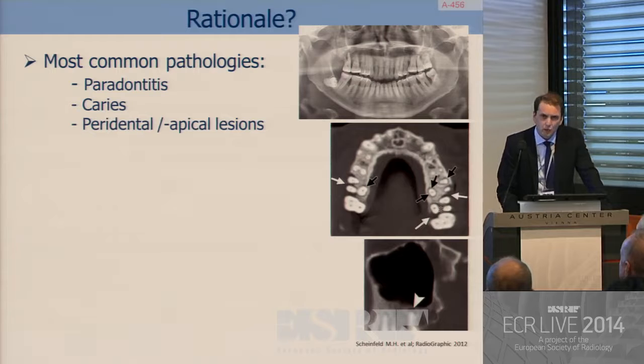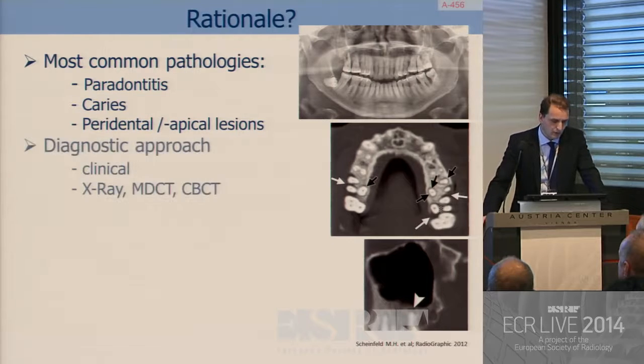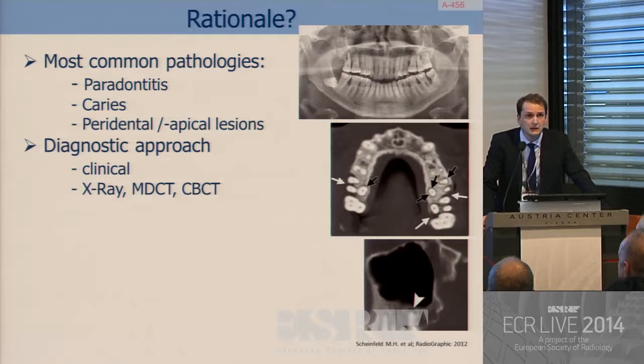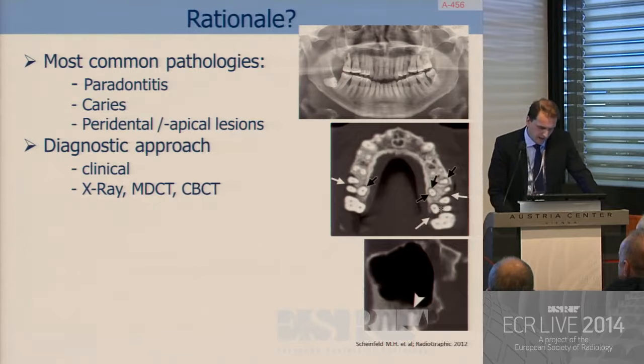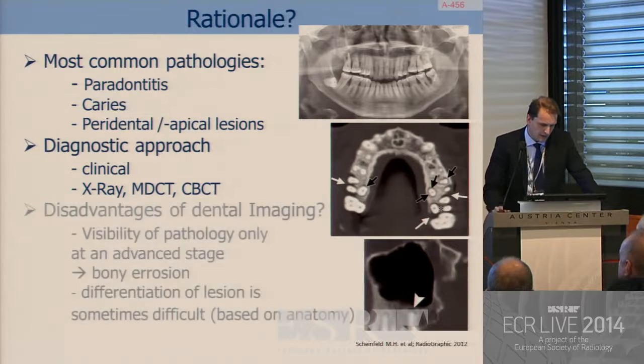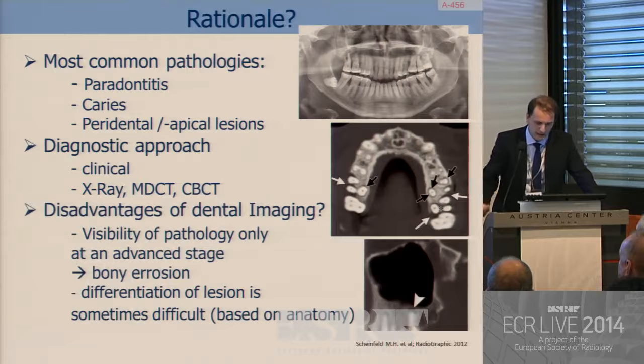So what is the normal approach to these pathologies? The normal approach is primarily clinical, and as we heard before, it's then X-ray and perhaps cone beam CT and multi-detector CT. The disadvantages of this routine dental imaging are that, as we saw before, changes in pathology are only visible at an advanced stage when bony erosion has already occurred.